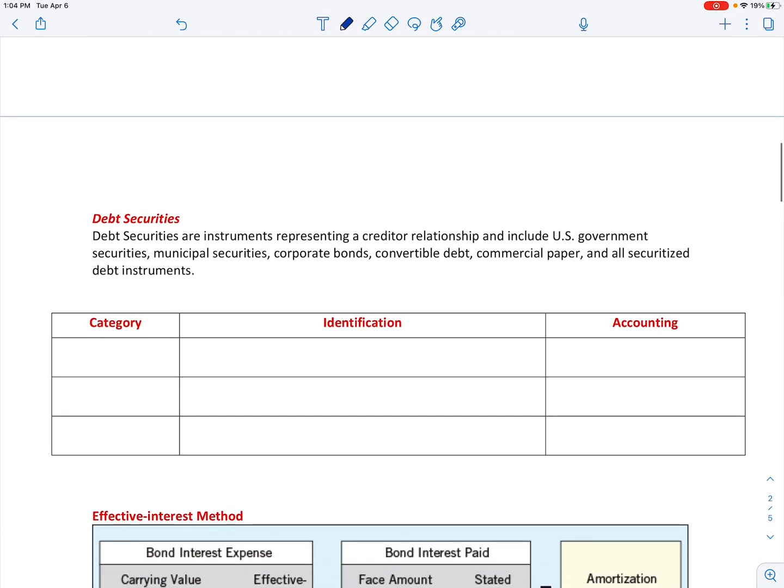The other portion of this chapter talks about debt securities. So let's go through the different categories of debt securities. It's based on what we plan to do with it, how we identify that, and then the accounting for that based on the category. So the first category is held to maturity.